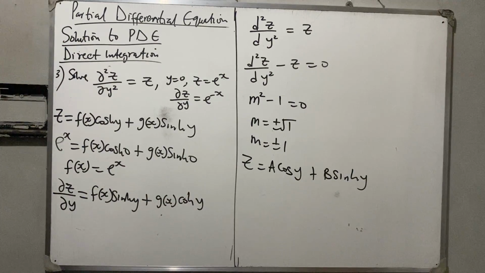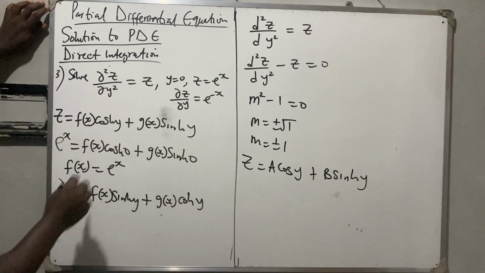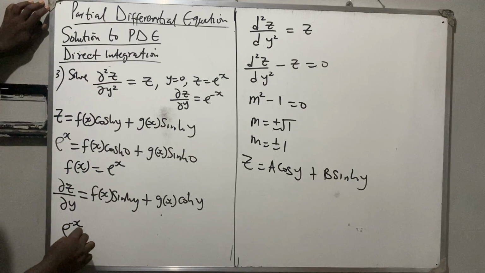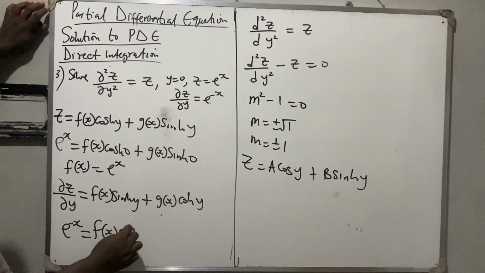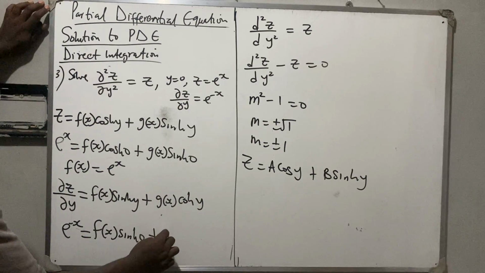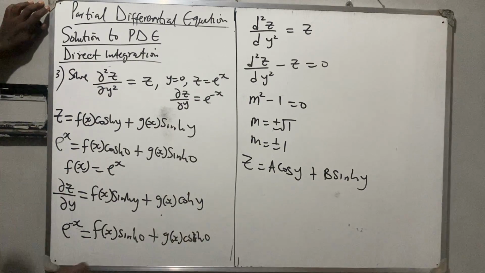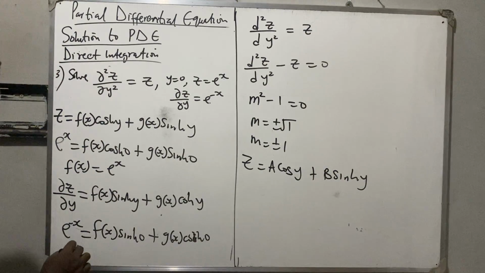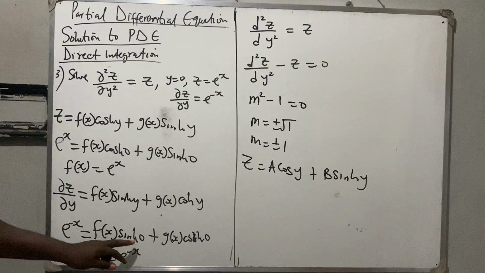Having this, we now substitute. So we are going to have exponential minus x is equal to f of x sin 0 plus g of x cos 0. So again, g of x will be equal to exponential minus x, because the sin 0 term is gone.